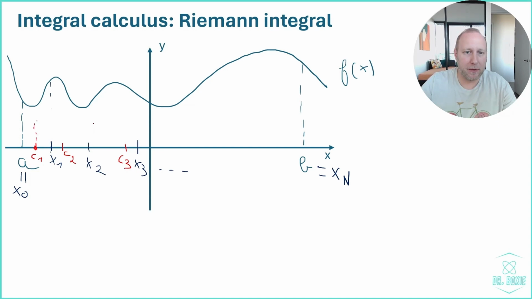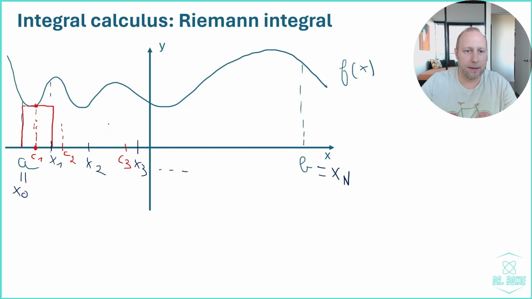So for instance, in the very first interval, the value of the function at the point C is this value here, and so this will be the rectangle we consider, and so the area we are looking for in the interval x0 to x1 will be approximated by the area of this red rectangle here.